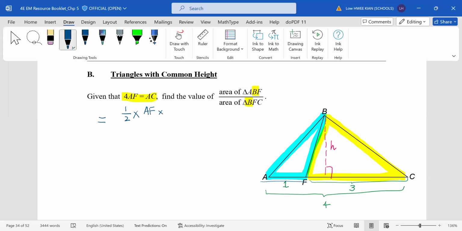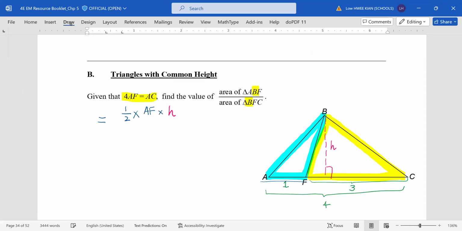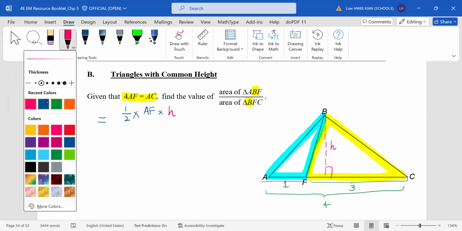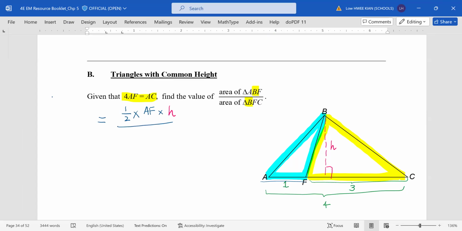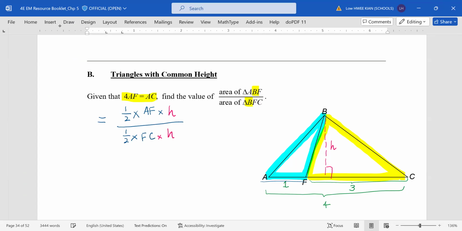Let me use a different color so you can see. This one is the height. Then I will also have the area of triangle BFC. So I have half times the base, which is now FC, and times the common height.